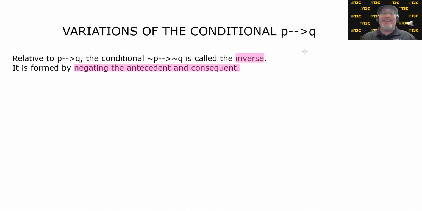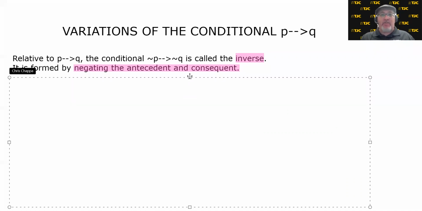It is formed by negating the antecedent and the consequent. In other words, you leave it in the same order, but you take the negation of each half. That's called the inverse. Inverse, negation, negate starts with N. I'm trying to give you a gimmick for remembering inverse means negating.